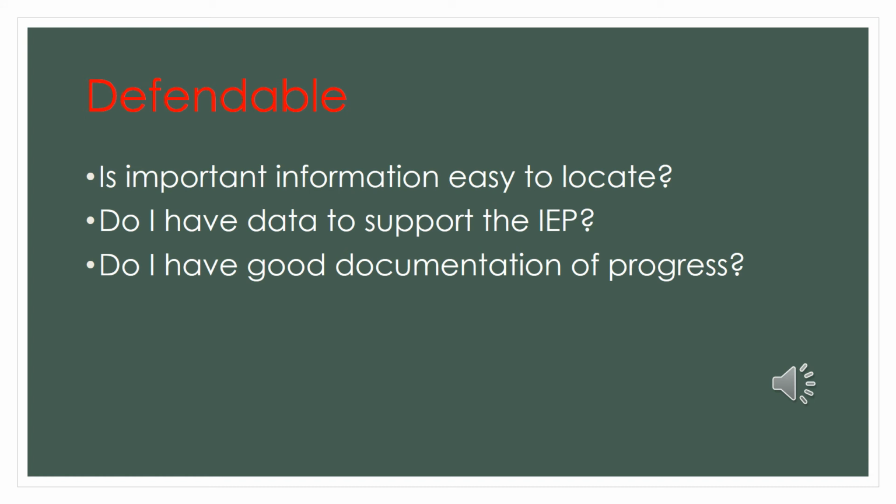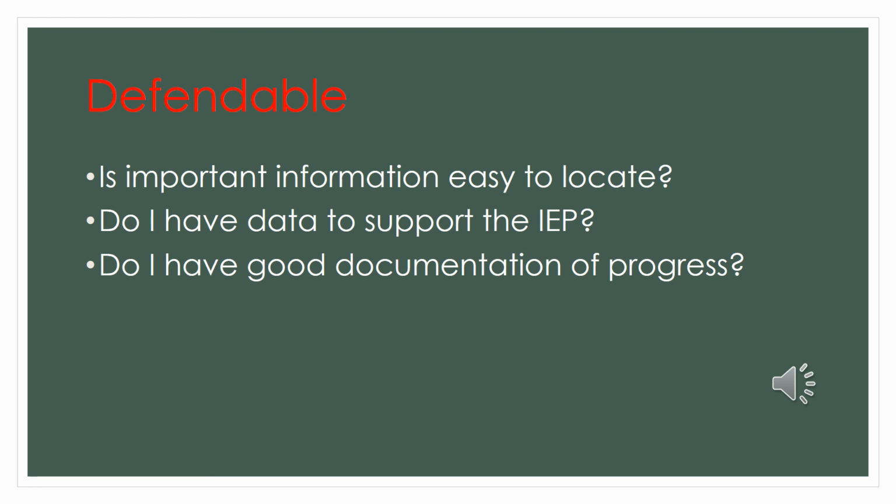Of course, if you have used best practice and made sure that everything in your IEP has met the compliance standards, then it should be easy to defend. But I like to also review it one more time to consider if the important information is easy to locate. Basically, have you made all those required parts of the IEP easy for someone to locate if need be?